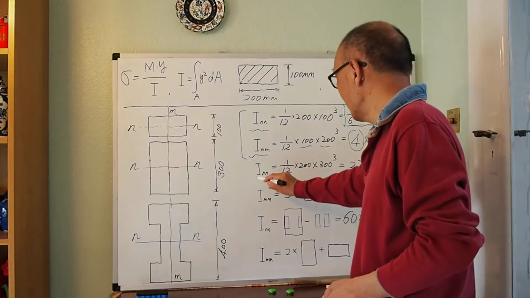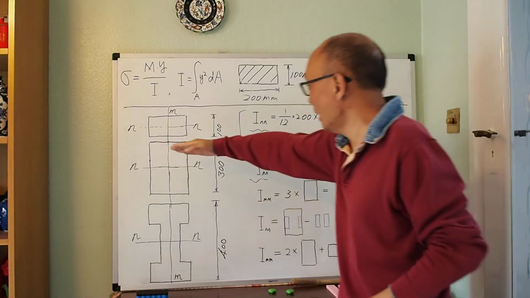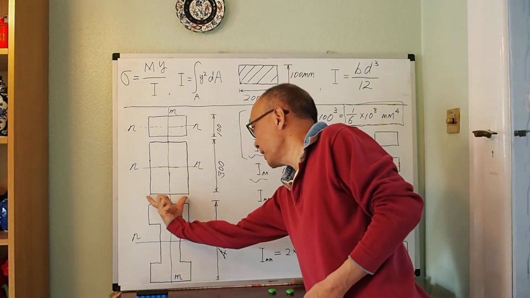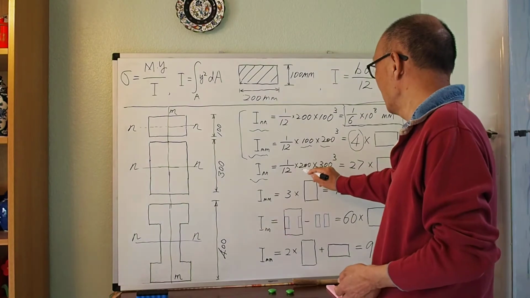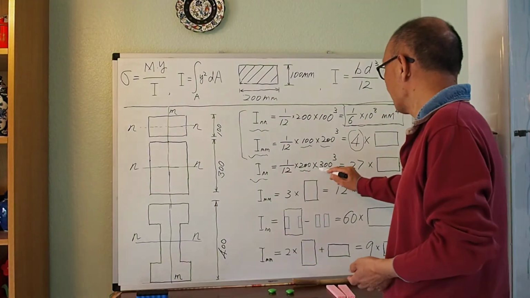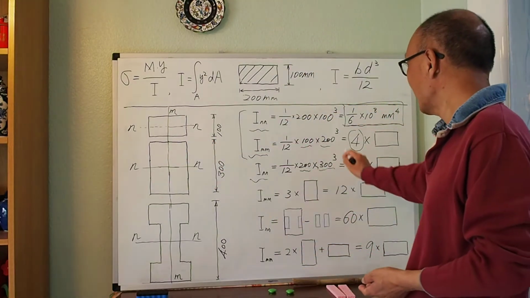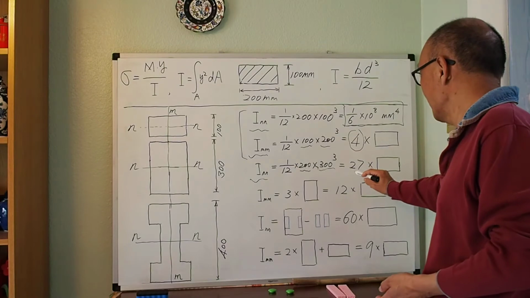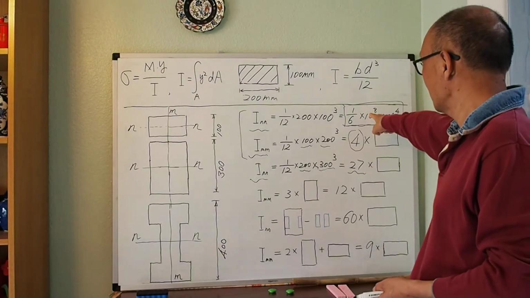So let's look at the beam bending about NN. So what I have is I_NN. Again, I use that equation. So NN bending this way. So that's my b, and that's my d. Right? So b is 200 times 300 to the power of 3. And you do that calculation, you end up with a value that is 27 times larger than this case.